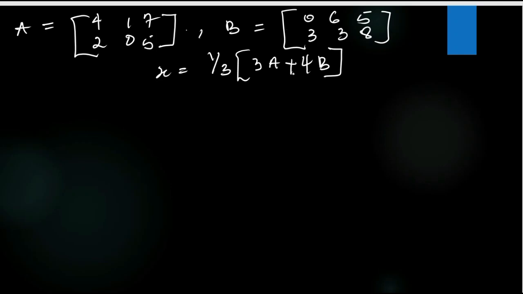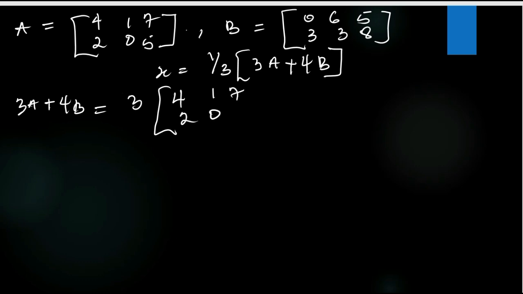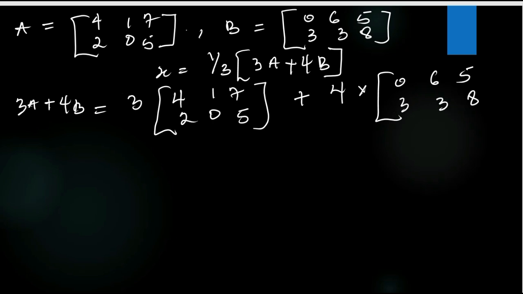Now, the first thing I want us to treat is to solve for 3A and 4B. My 3A plus 4B will be the same thing as 3 into matrix A, 4 1 7 2 0 5, plus 4 into matrix B, 0 6 5 3 3 8.